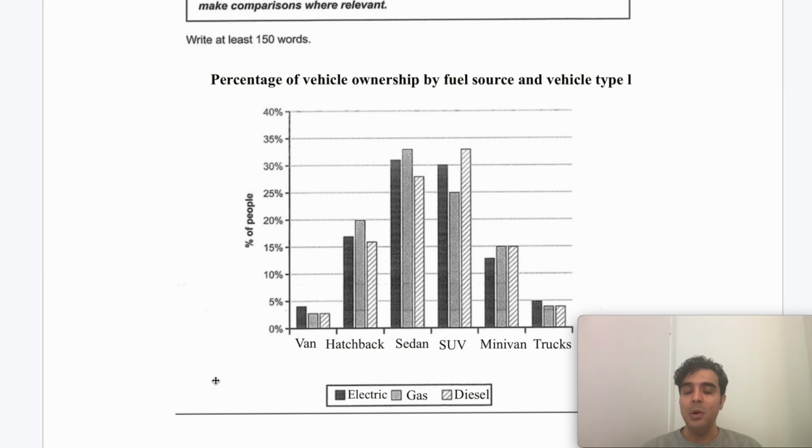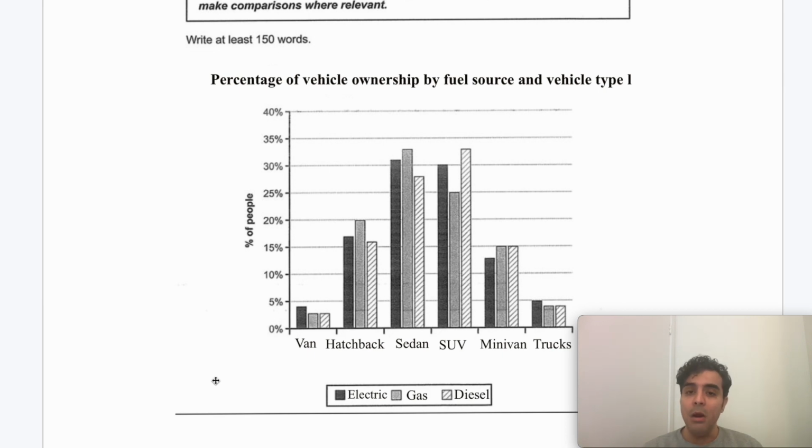In the line graph, the quantitative data we saw was focused on changes, increases, decreases, stability, that kind of information. Whereas here in this chart, we don't see whether the number of people driving vans has increased or decreased. Time isn't a variable. So we're not talking really about increases, decreases, and fluctuations.